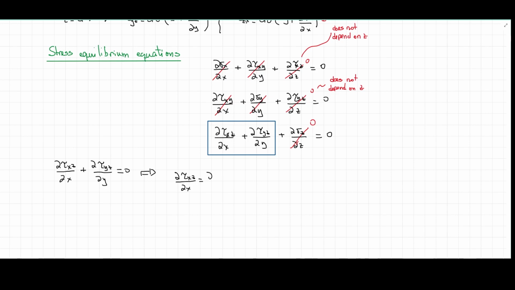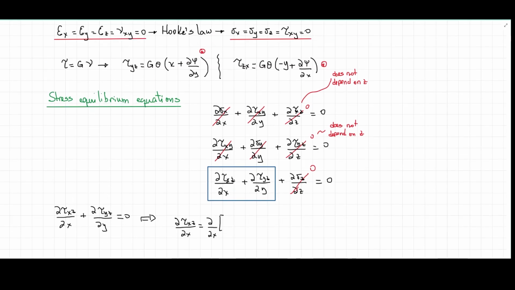So I'm going to have the partial derivative with respect to x, because I know this is going to be a long term here, of this shear stress. And that shear stress is this one here, G theta minus y, plus this one here. And what is this?